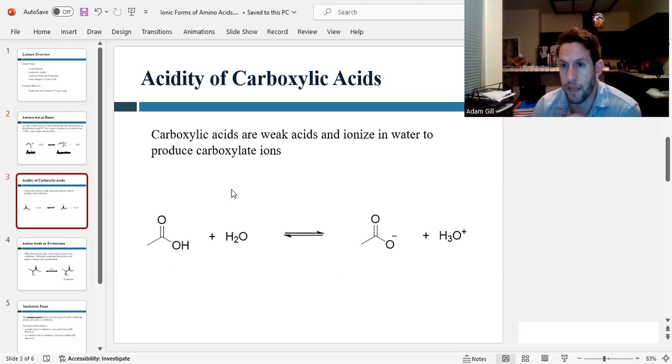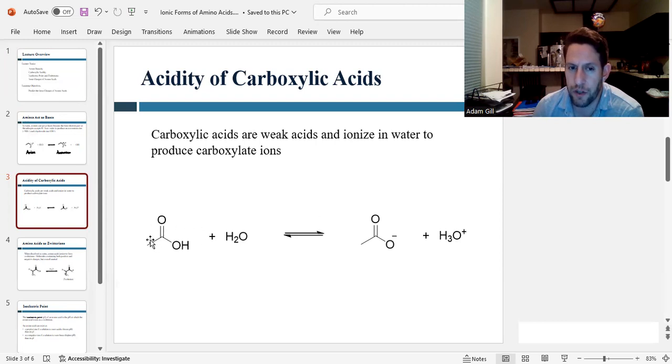Another reaction we looked at back in chapter 14 was carboxylic acids dissolving in water. And so when a carboxylic acid dissolves in water, it acts as an acid, hence the name. It gives away its hydrogen, and water will steal it. And so the OH becomes O with a negative charge, and the H2O is now H3O plus.